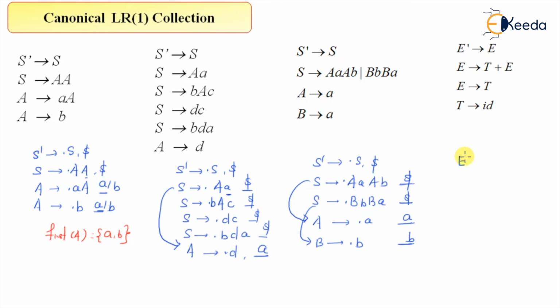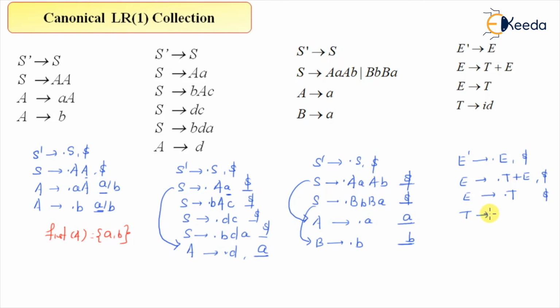E' derives dot E, I will add a dollar, and E derives dot T plus E, and E derives dot T. Here, after nothing is there, hence dollar and dollar. Now T derives dot id. Why am I including this?